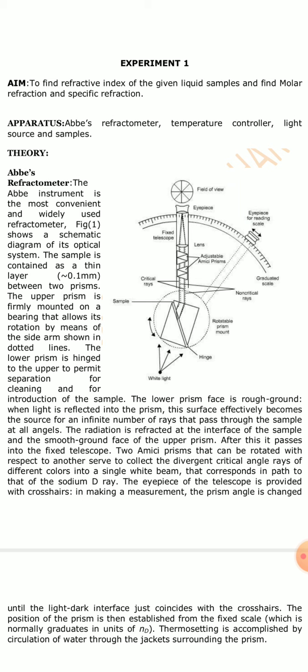The lower prism is hinged to the upper to permit separation for cleaning and for introduction of the sample. The lower prism face is a rough ground surface. When light is reflected into the prism, this surface effectively becomes a source at all angles.